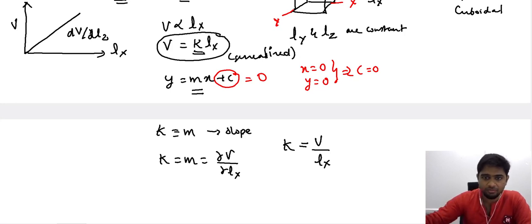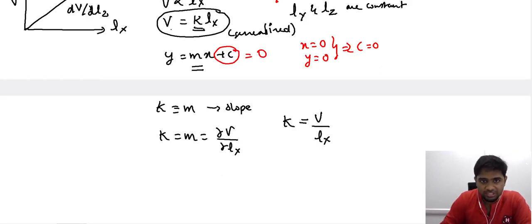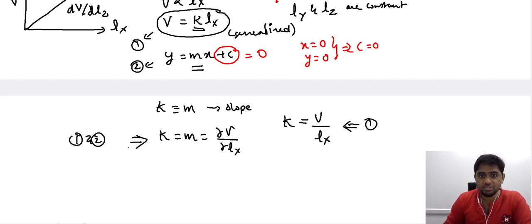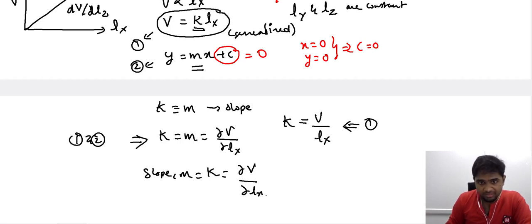So from 1 we get this relation, and from 1 and 2 we get this relation. Ultimately what we end up having is the slope M is equal to K, and this is dou V by dou Lx, which is nothing but V by Lx.